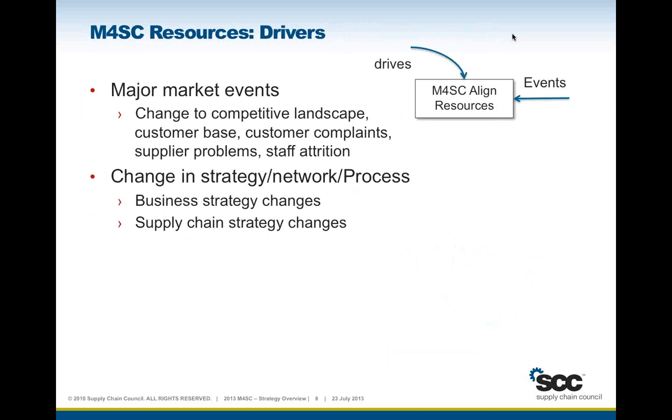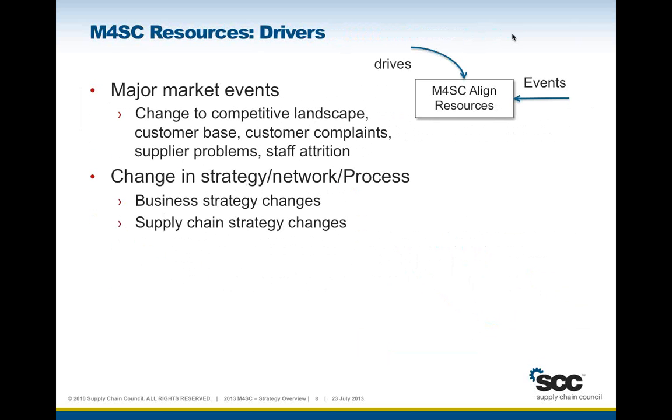As an example, if you have a major labor issue going on, then you may say, well, we need to reassess what's going on. There may be a competitor that's hiring all your experts away. So that's not something where you're going to wait for the strategy team to say, well, there's a problem, and then it comes down through the network and the process layer.